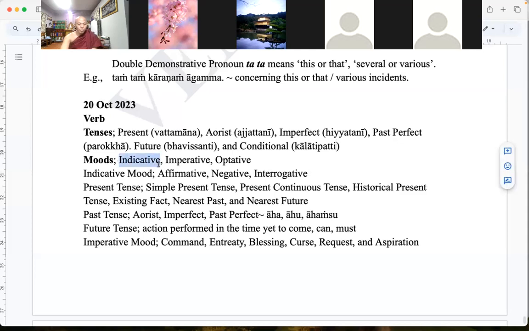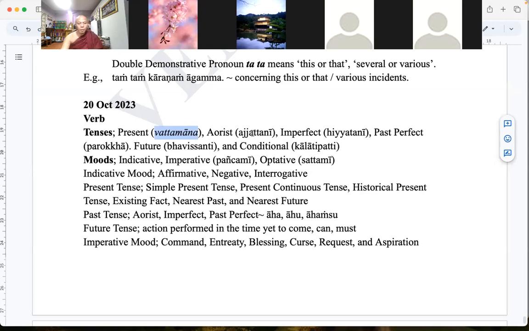In traditional Pali grammar, we don't use indicative, but imperative, which we call Pancami. And the optative is Sattami. So in this way, there are eight kinds of verb termination, or vibhatti, in traditional Pali grammar.